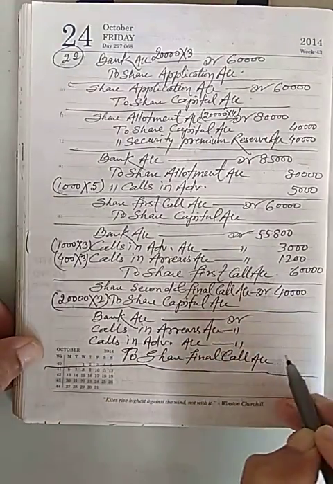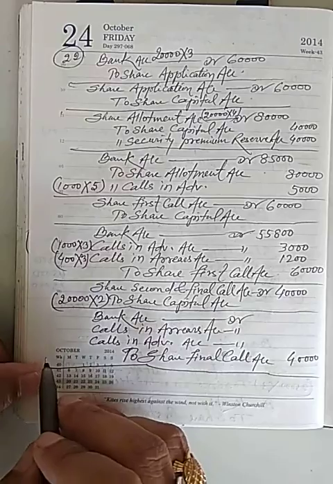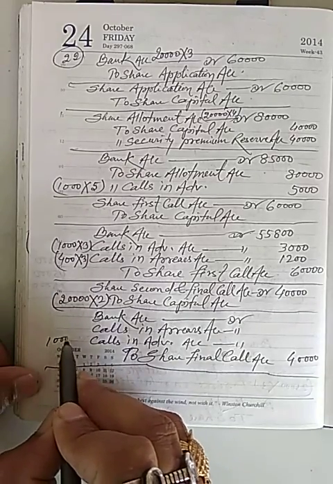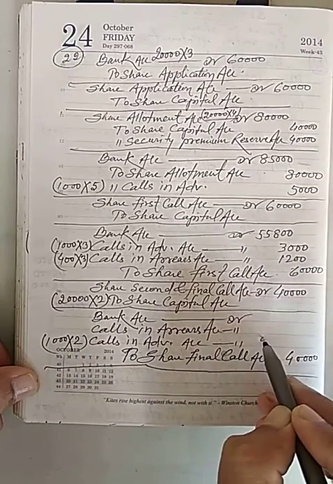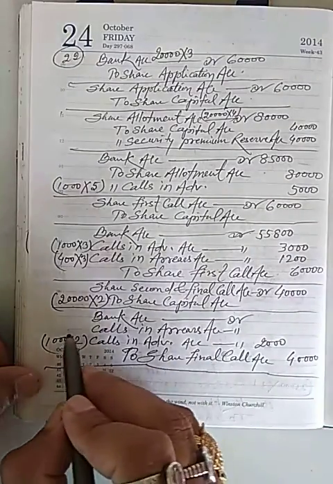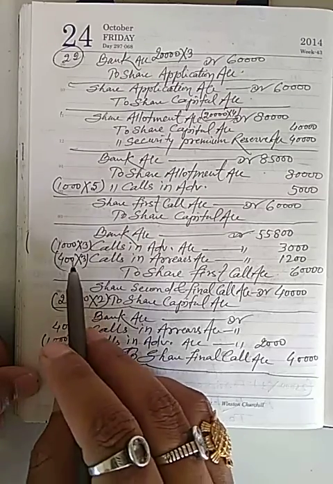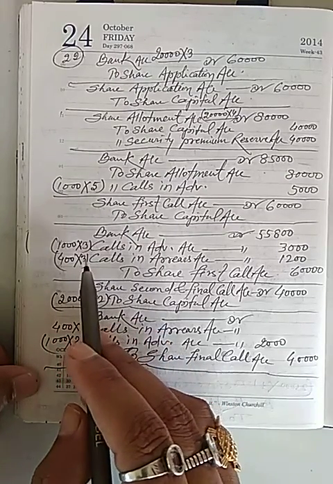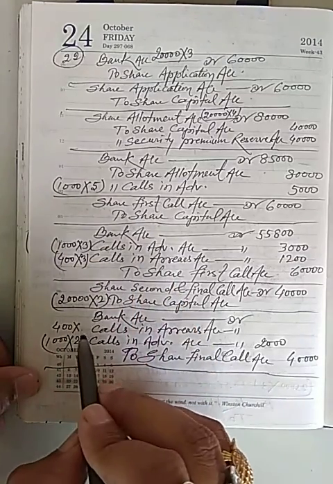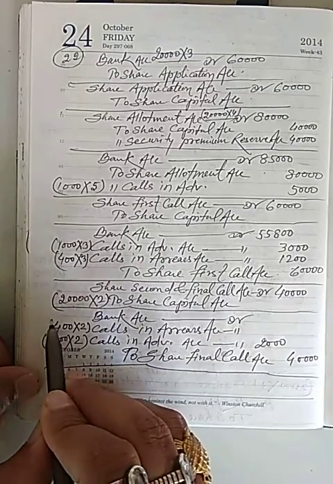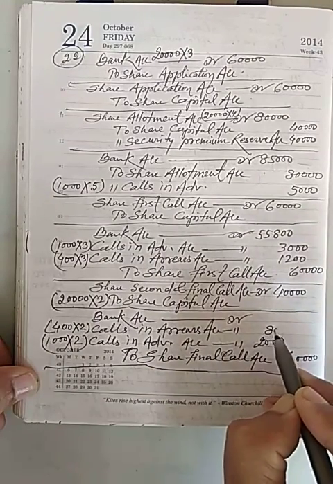Total amount due on final call is 40,000, and I have already received calls in advance on 1,000 shares at the rate of 2 each, so it will be 2,000. One shareholder, Mr. X, did not pay both calls on 400 shares, so I have done it in the first call also, and in the second call on 400 shares at the rate of 2 each, so total will be 800.